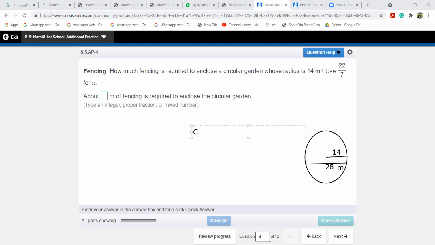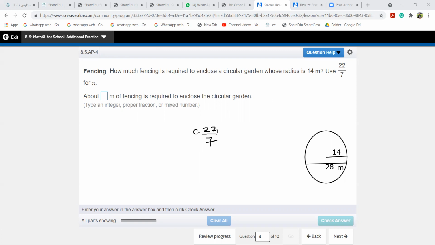What is the formula? C equals pi d. Instead of pi, they ask you in the question to use 22 over 7. They gave it in the question, don't use 3.14. Read the question. 22 over 7 is the value of pi, about 3.14.